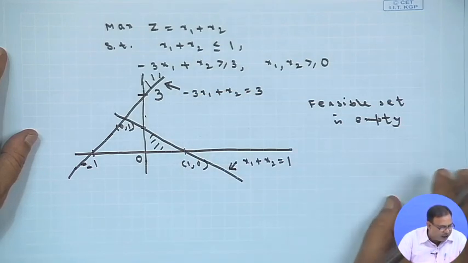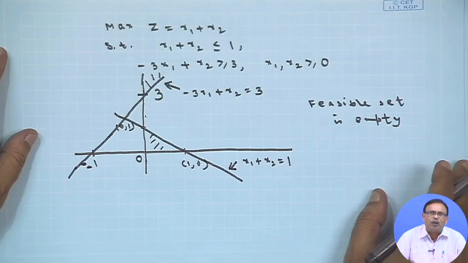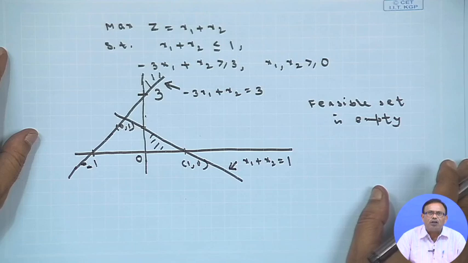So, the feasible set is empty, and once the feasible set is empty, as you know, the solution, whatever it will be, which will satisfy the constraints and the non-negativity condition, must always lie in the feasible region. And the feasible region is equal to the intersection of the lines and the x1 axis and x2 axis in the positive direction.